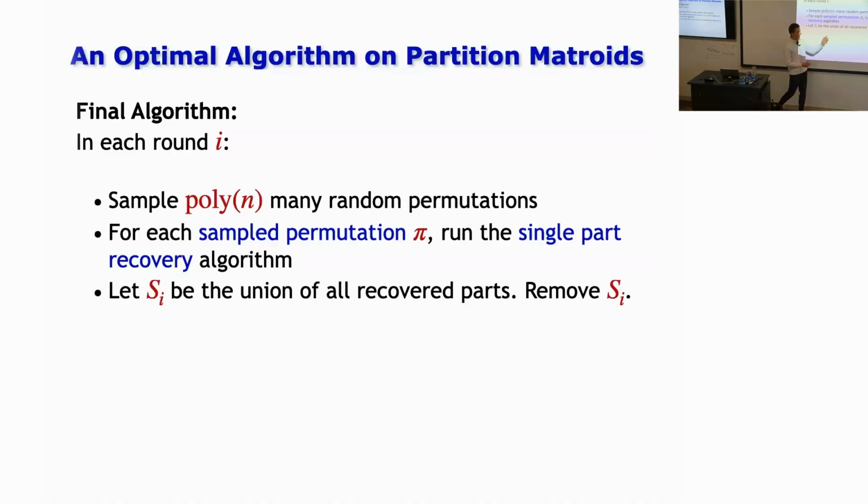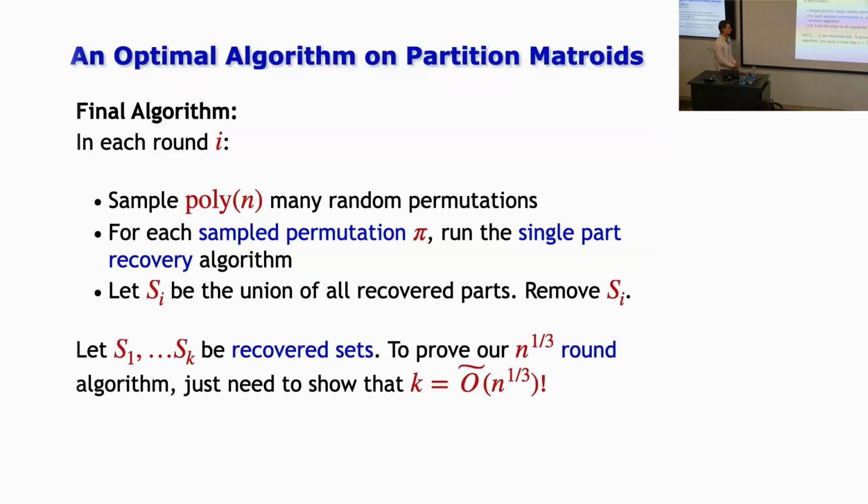We're going to let Si be the union of all of these recovered parts. Every permutation recovers some part, and we let Si be the union of all these parts that you learn. And then you're going to remove that set Si.